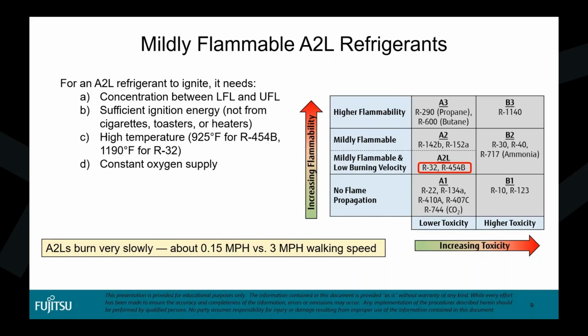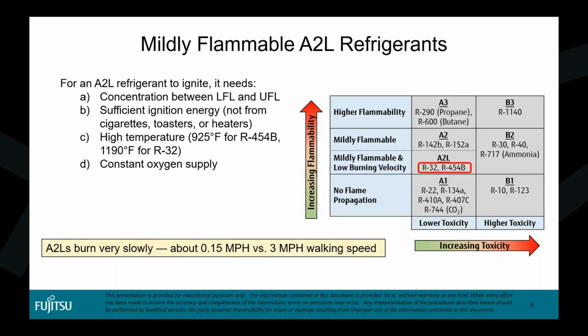So for this A2L to ignite, there are at least 4 conditions that are needed. There needs to be a certain concentration between the lower and the upper flammability limits. And there also must be sufficient ignition energy, enough for it to ignite. Cigarettes, toasters, and regular appliance heaters don't do it.